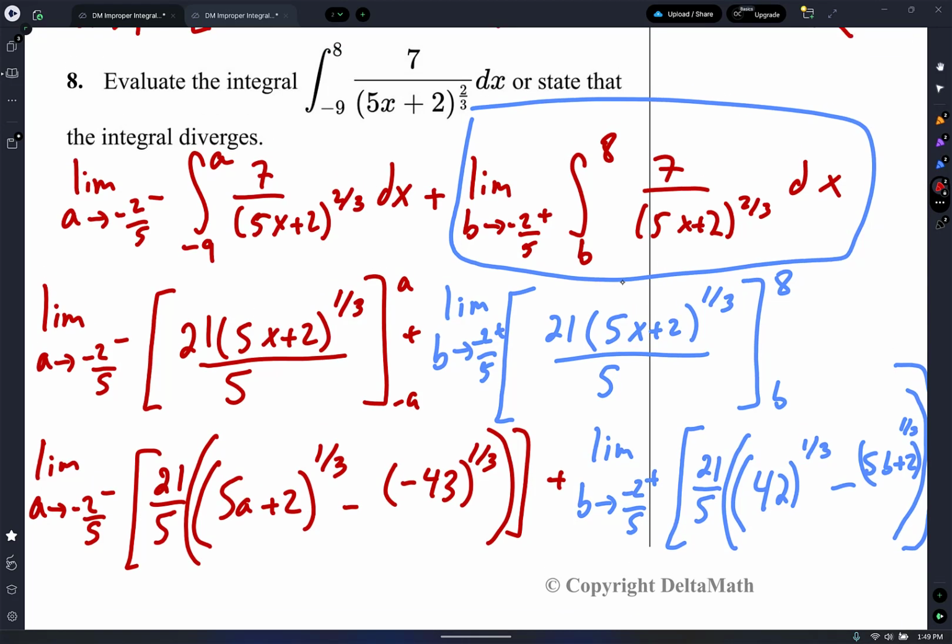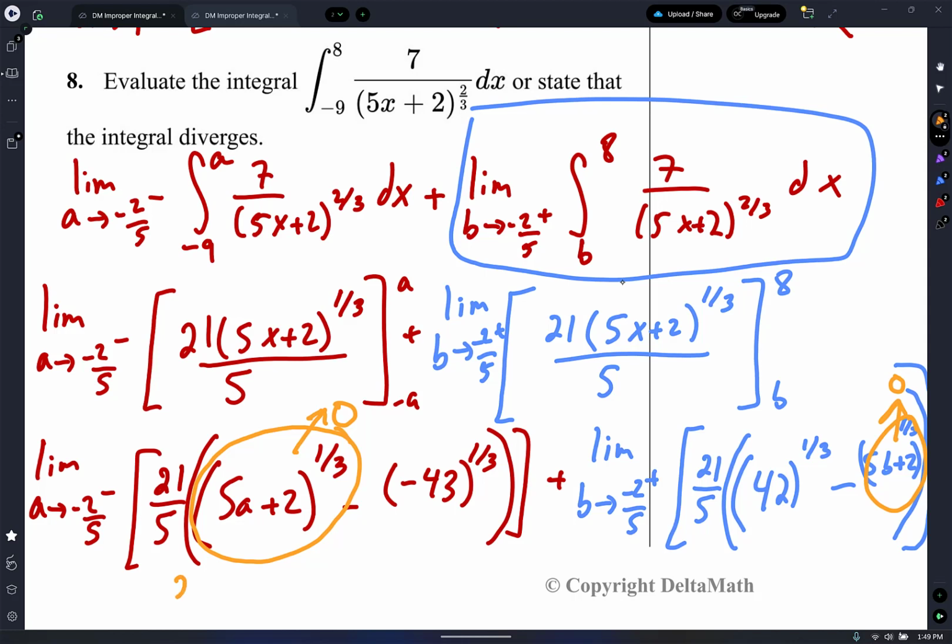Yeah, to me it looks like it's going to converge. So I'm going to change the color to burnt orange. You guys okay with that? It looks like this one that I'm circling is going to approach 0 because I'm plugging in negative 2/5 into A, right? Oh, yeah, direct substitution. And I'm doing the same thing with this one, and that one's going to approach 0. So let's see what I have.